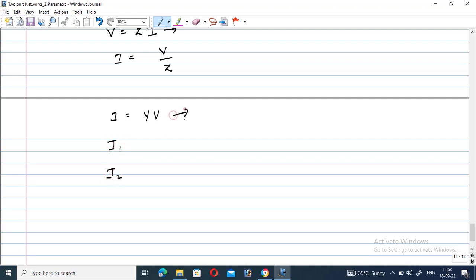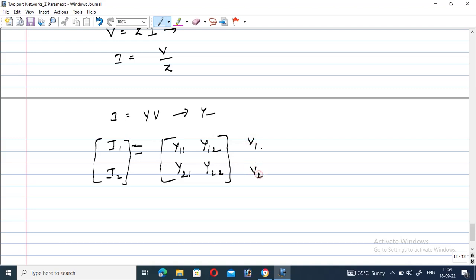This is the basic equation for Y parameters, so it can be represented in matrix format: I1 and I2 is equal to the matrix Y11, Y12, Y21, Y22, multiplied by V1 and V2. Or else it can also be represented as I is equal to a function of V1, V2.